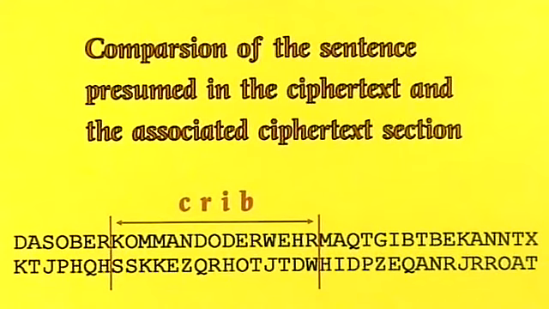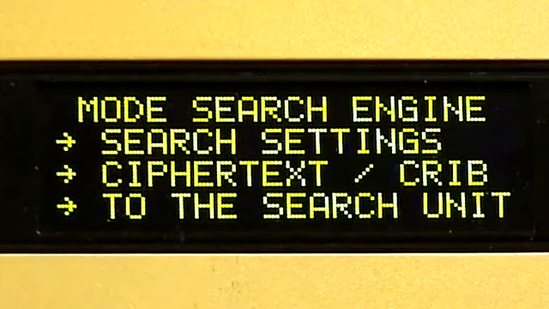If so, I'll have to choose a different CRIB in a different place. We will find out later. I am now typing the CRIB into my search engine. My search engine limits the number of letters for a CRIB to 20 letters.